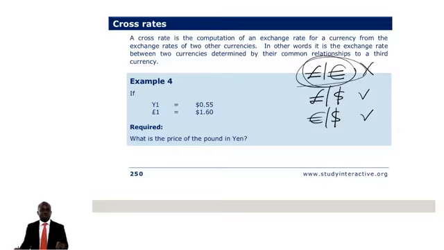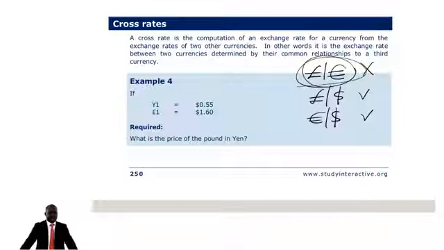And that is what is called the cross rate. You need to cross it. So cross rate is applicable when I want to establish the exchange rate between two currencies and it's not given.